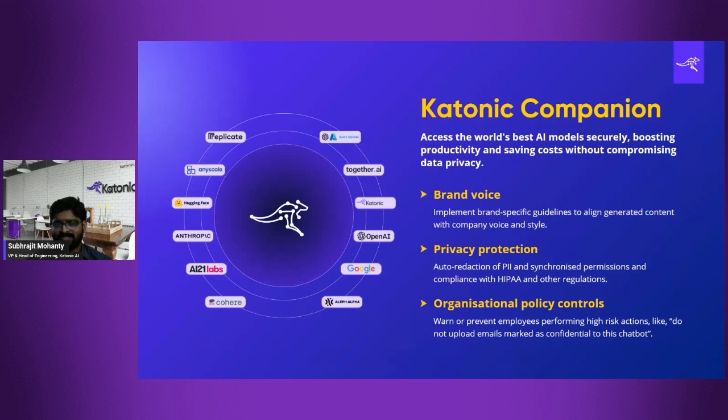The platform acts as a central hub for accessing various AI capabilities, streamlining AI adoption in business environments by addressing security concerns and offering a comprehensive suite of AI tools. Katonic Companion positions itself as an efficient, secure solution for enterprises leveraging AI technologies.